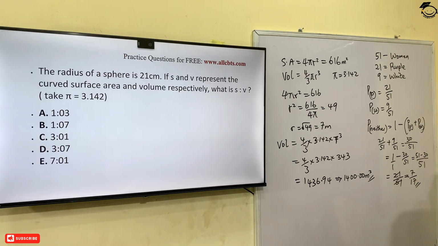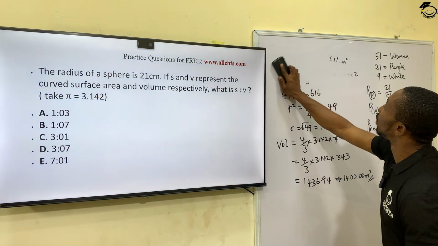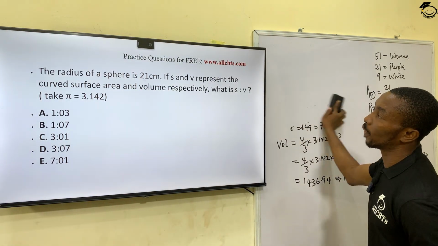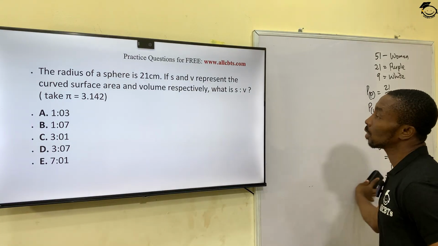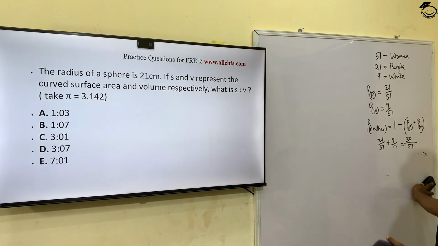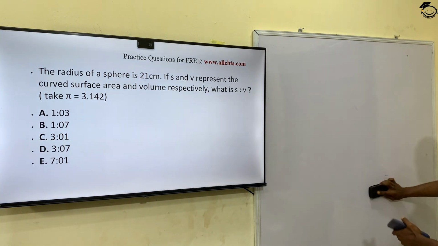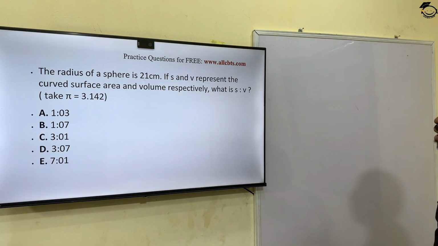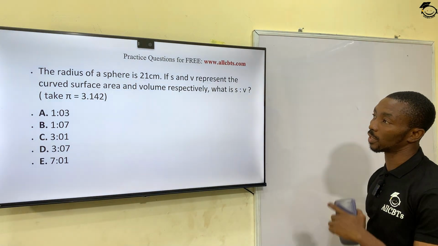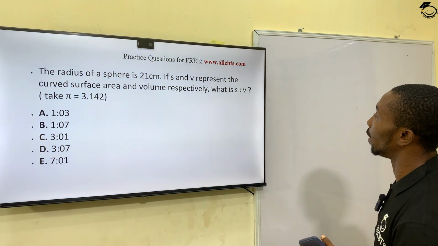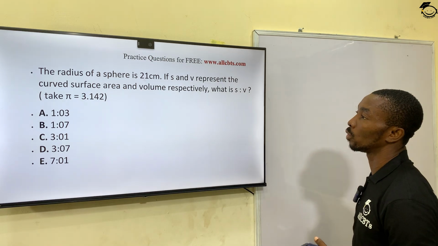The radius of a sphere is 21 centimeters. If S and V represents the curved surface area and volume respectively, what is S ratio V?